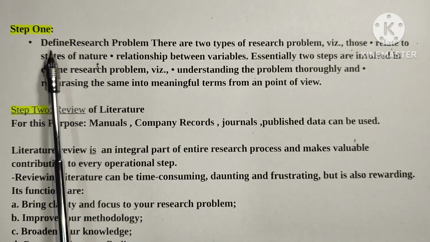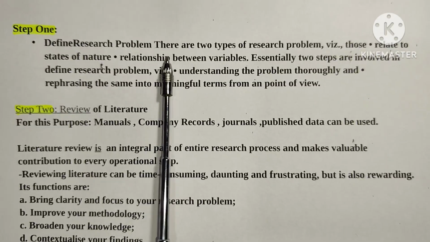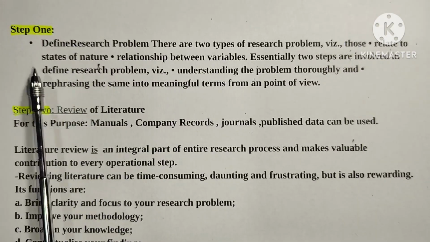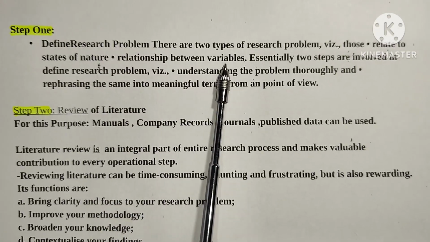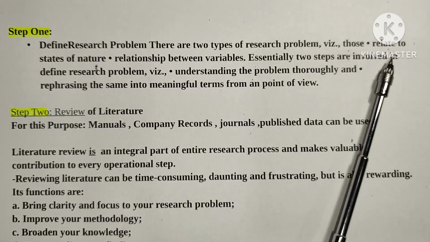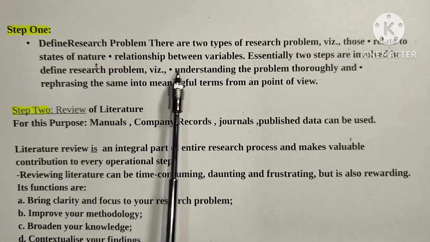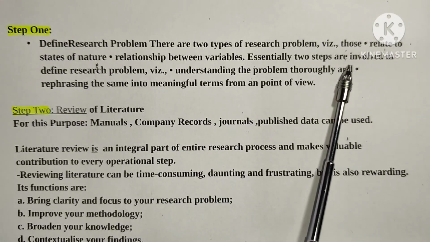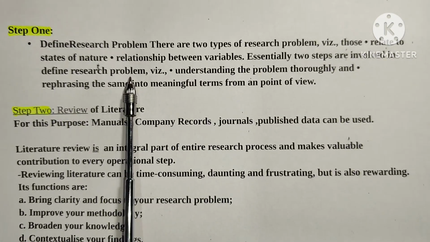Coming to step 1, define the research problem. There are 2 types of research problems: those related to states of nature and those related to relationships between variables. Essentially, 2 steps are involved in defining the research problem.